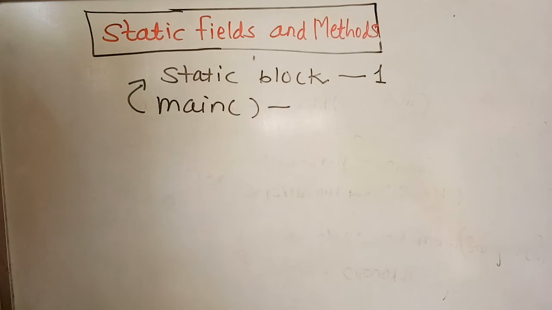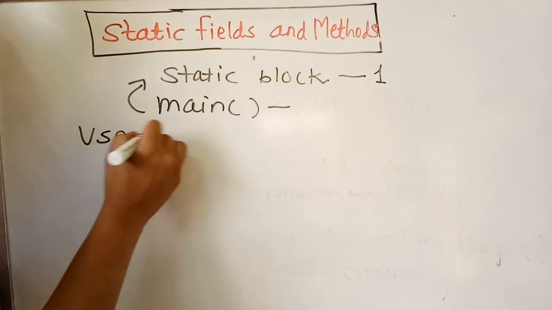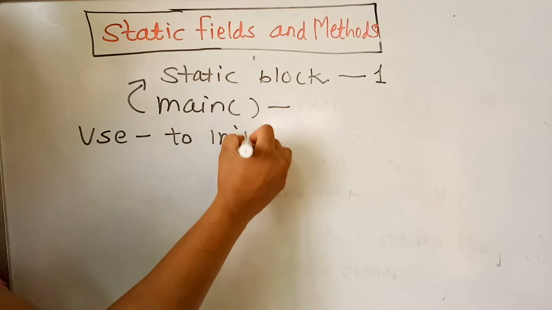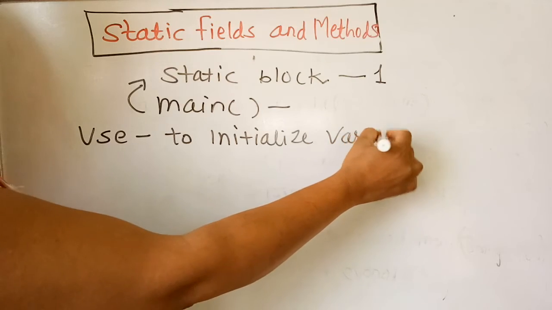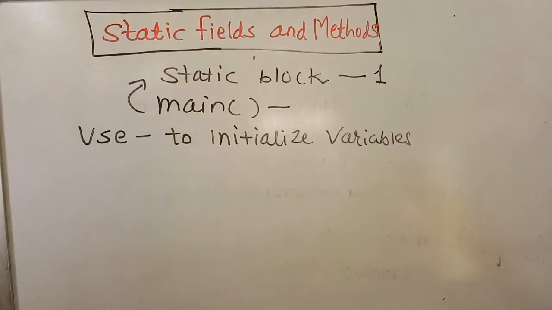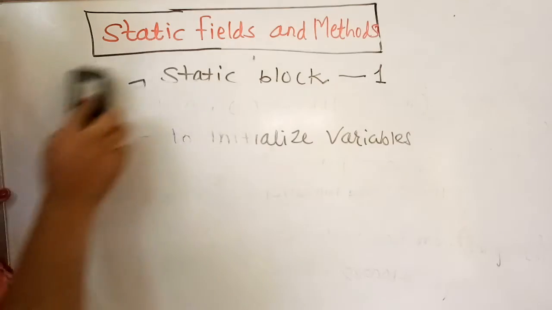What is the use of a static block? It is actually used to initialize variables. Again, we will get the idea about the static block with the help of one example.